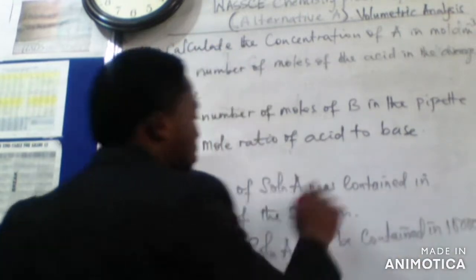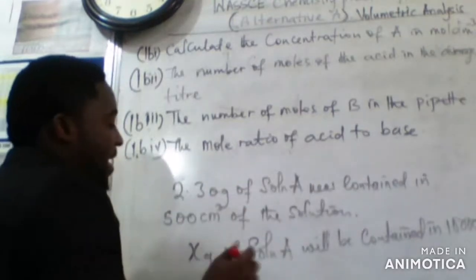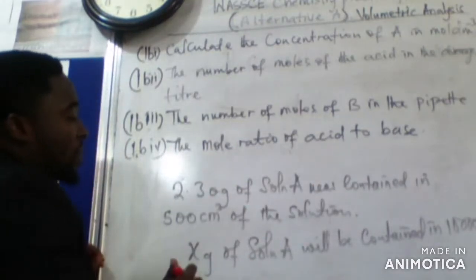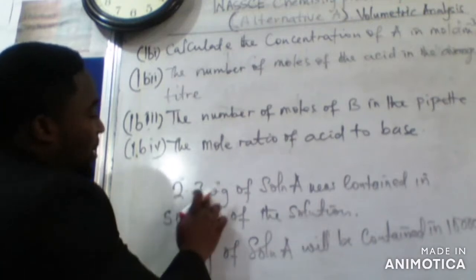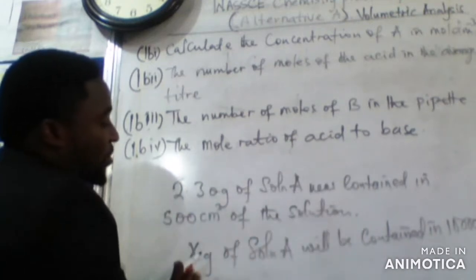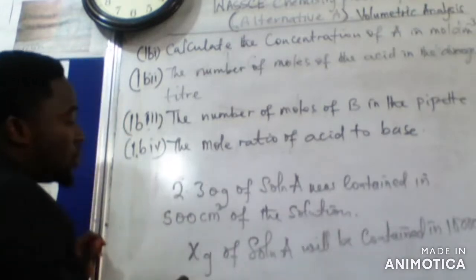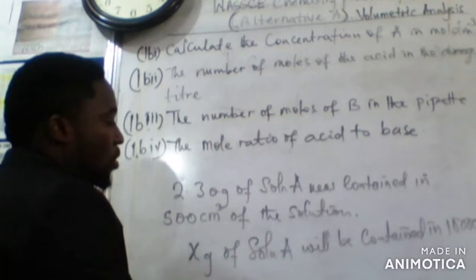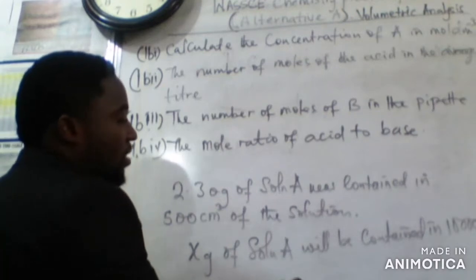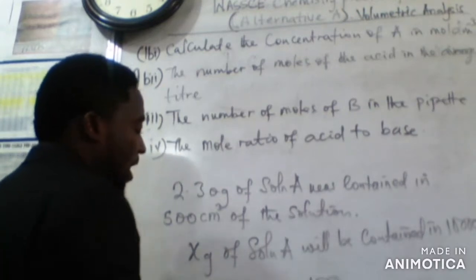When we cross multiply, 500x will be equal to 2.3 times 1000.